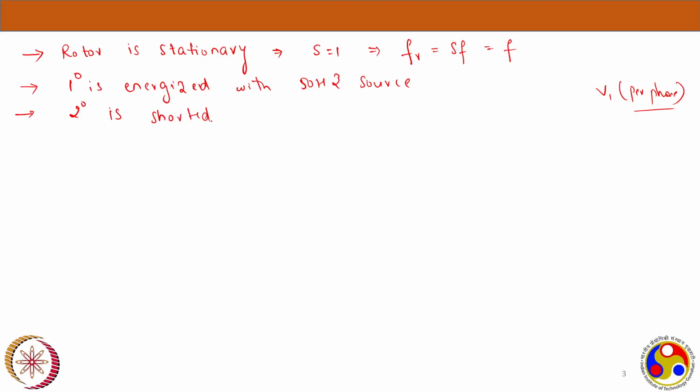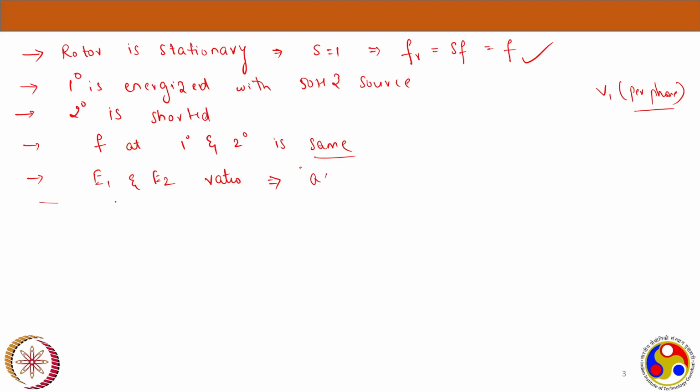There is no load. I just shorted all three phases of the rotor such that it is the standstill condition. The frequency at primary and secondary is the same since the rotor is stationary. Now, if you take the E1 and E2 ratio, it will be the effective turns ratio A.